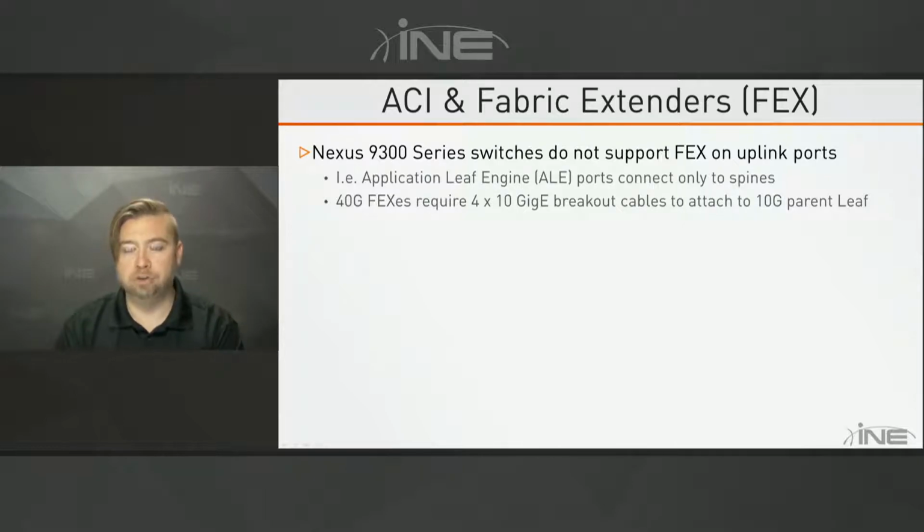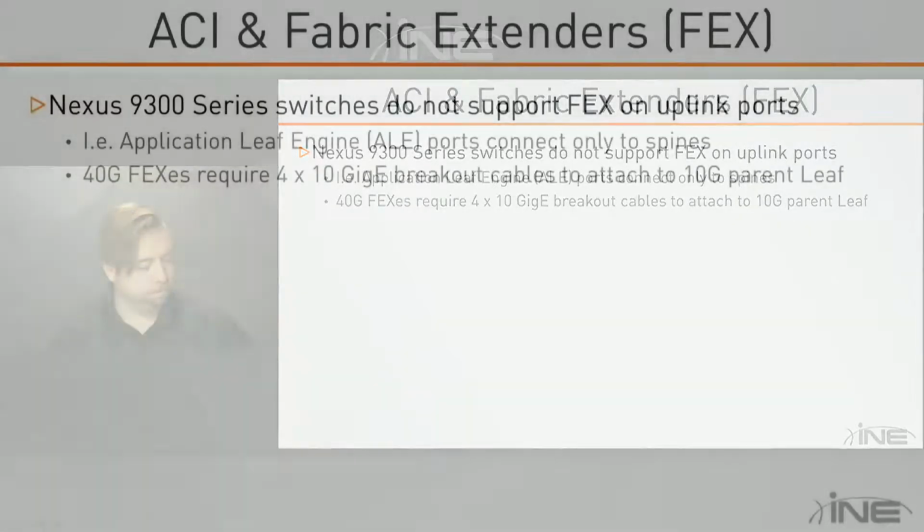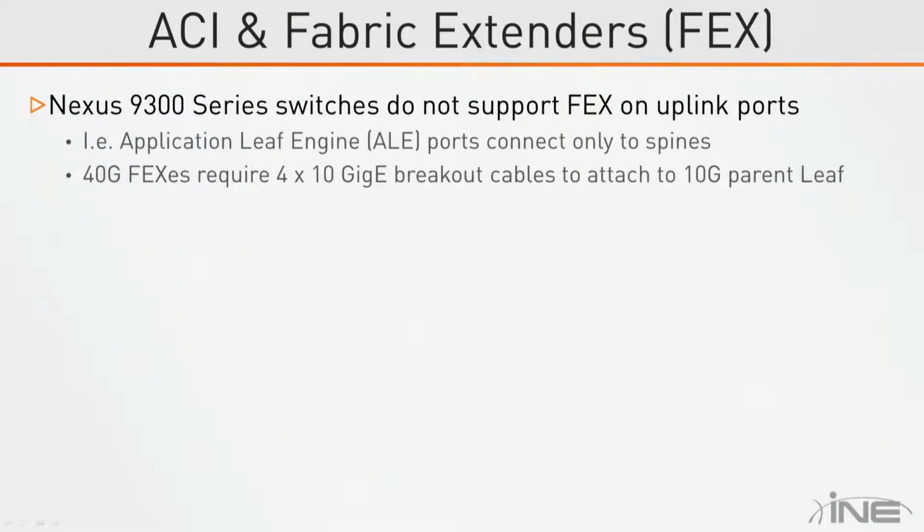What you would have to do instead is use a 4 by 10 gig breakout cable and then use 4 of the access-facing interfaces, essentially the host-facing interfaces of the leaf, to connect to the fabric extender, as opposed to using the uplink interfaces. So just be aware that from a physical bill of materials point of view, just because the leaf has the 40 gig uplinks doesn't necessarily mean that you can use those to attach the fabric extenders.